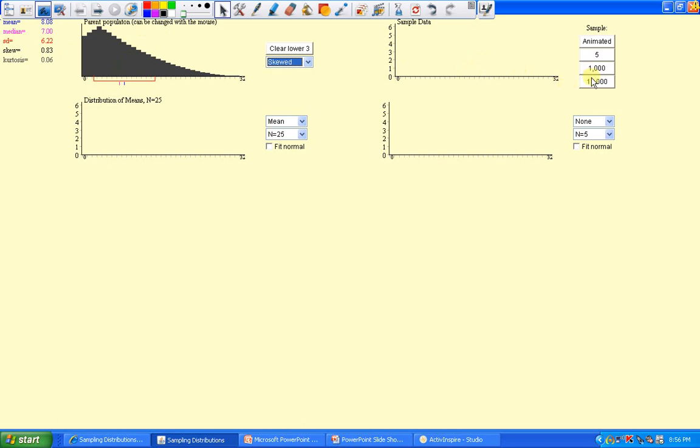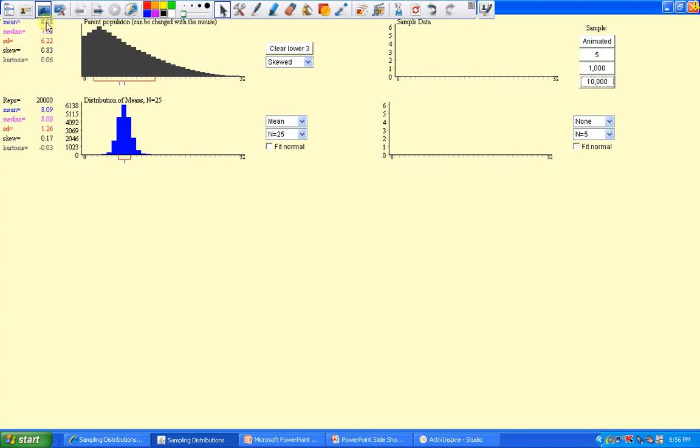But if we do a simulation of taking 10,000 sample means, notice that our mean is basically the same as the population mean, and our standard deviation is about the same as it was before. It actually will be the exact same if we did more simulations.